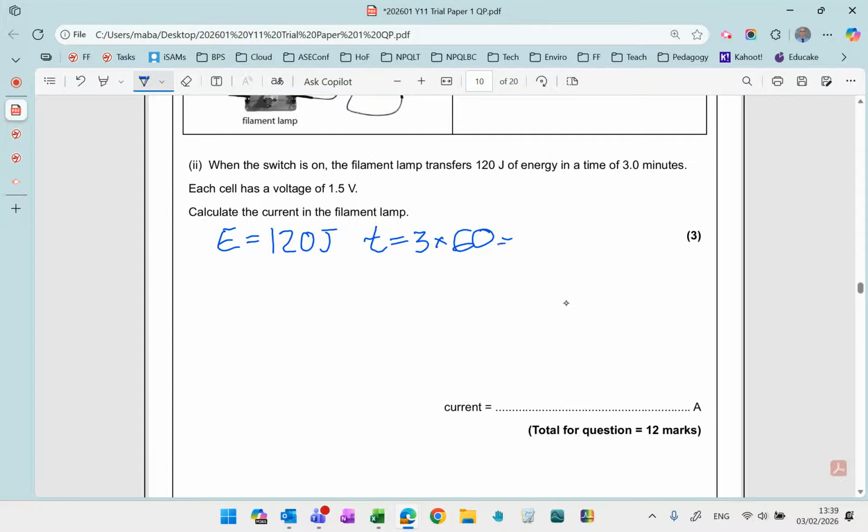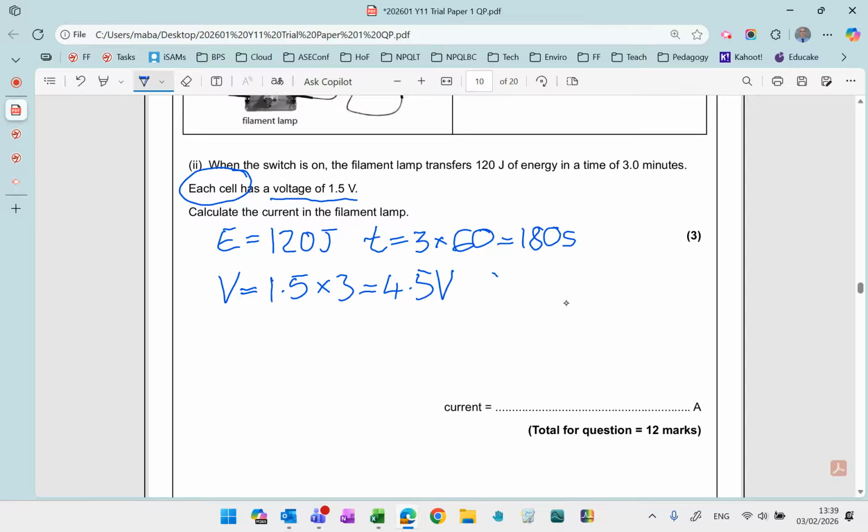If it's 3 minutes, then I need to convert that into seconds to be able to use it in a formula. And then there's another sneaky bit here, that each cell has got a voltage of 1.5 volts. So to work out the total voltage from these 3 cells, I'm going to have to multiply by 3. So my battery of cells has got a voltage of 4.5 volts.